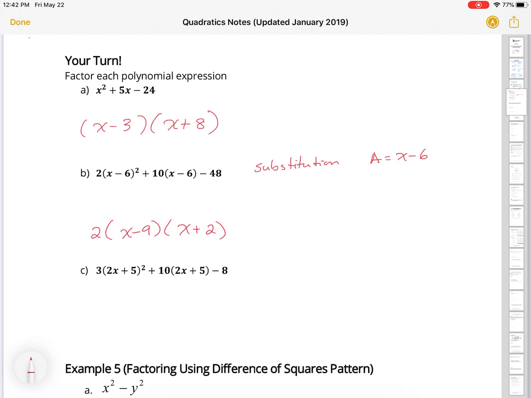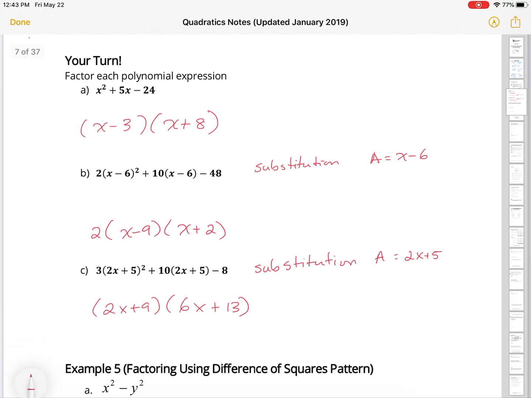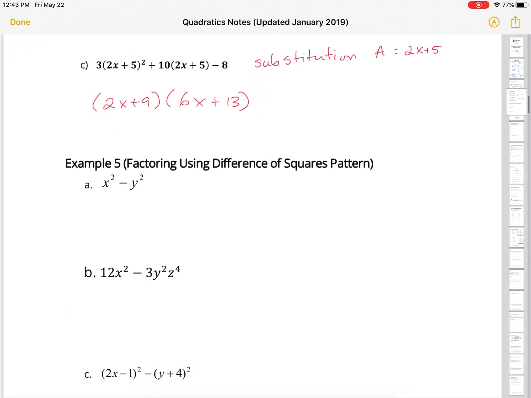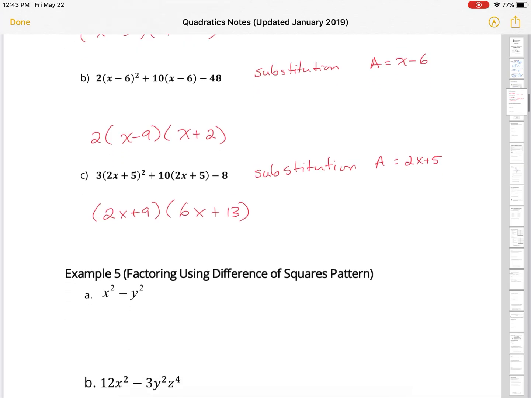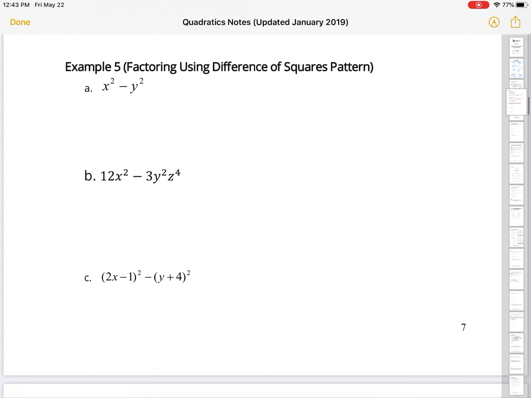Next one, C. Again, you're going to use your substitution and make a equal 2x plus 5 and do your factoring and then resubstitute in. And for your final answer, you should get 2x plus 9 times 6x plus 13. So check that. And hopefully we got all those right. Okay, but it's important for you to try the work yourself to see if you can get to those answers.